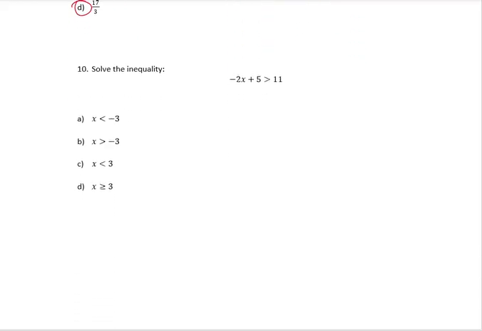And finally, you're going to solve this inequality. So just be careful here, okay? So I'm going to subtract 5 on both sides.